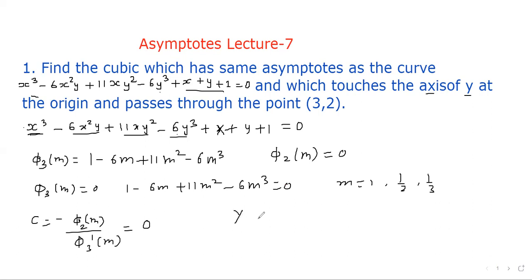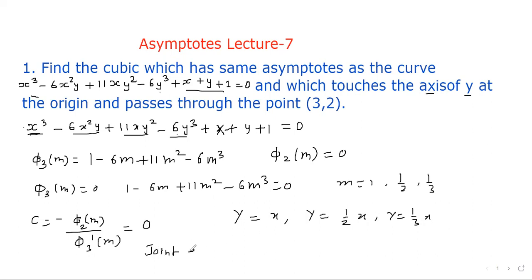So asymptotes will be y equal to mx plus c. Here m is 1, so y equal to x, then y equal to 1 by 2 x, and y equal to 1 by 3 x, or x minus y equal to 0. Similarly, x minus 2y equal to 0 and x minus 3y equal to 0. Now we write the joint equation.